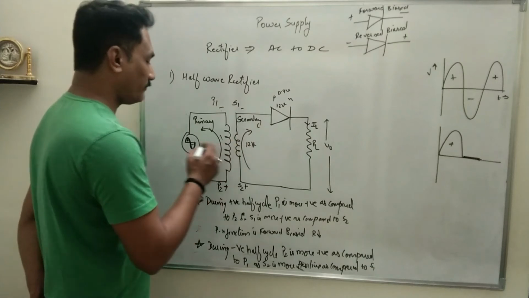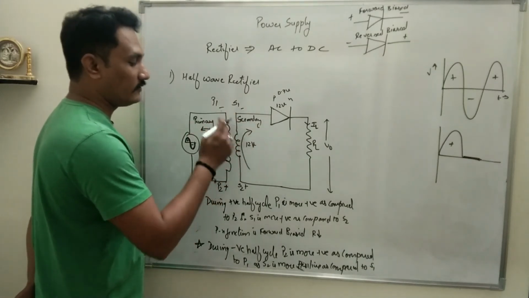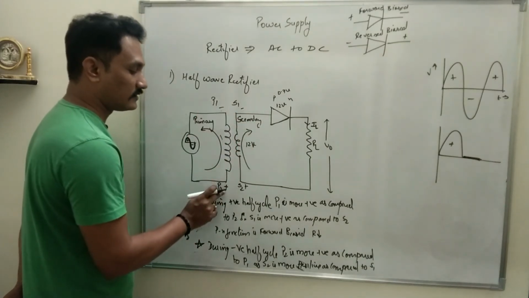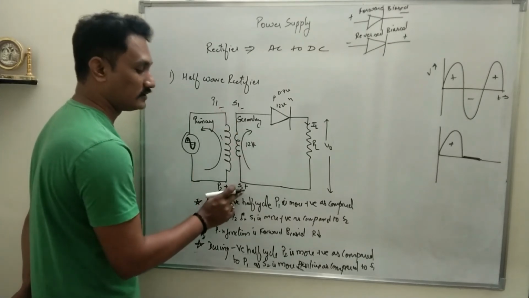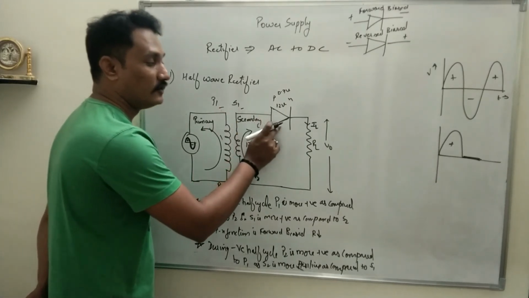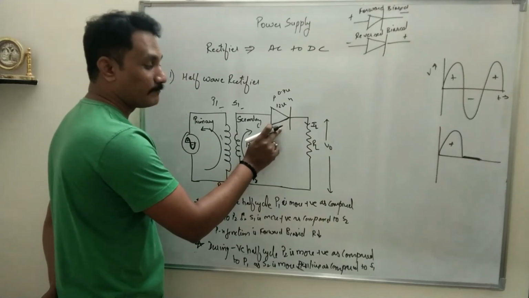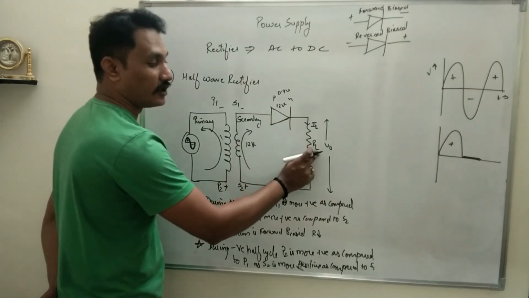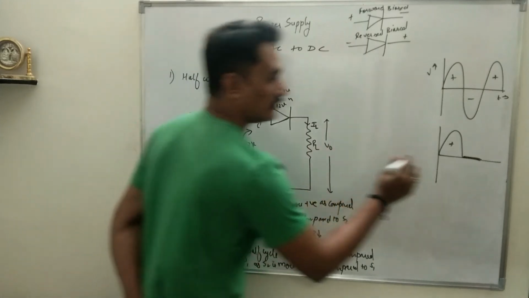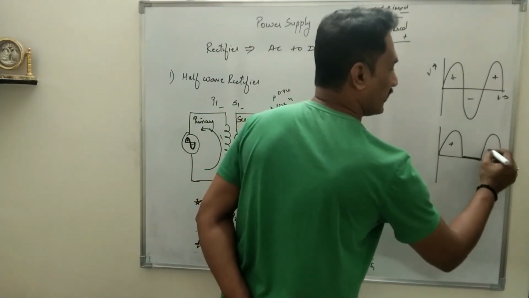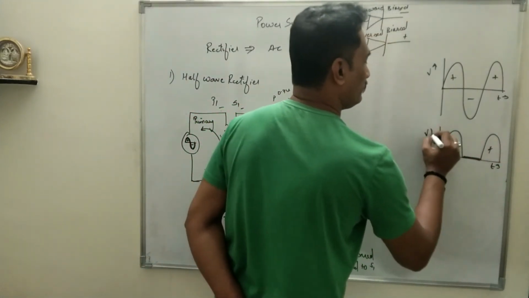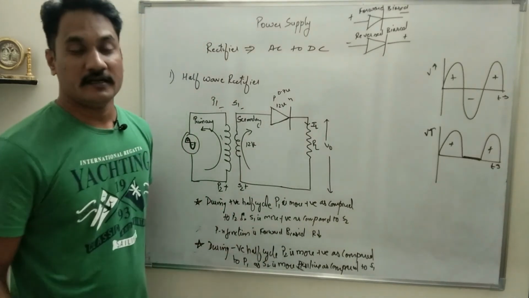Again, when there is a positive half cycle, P1 will be more positive as compared to P2, S1 will be more positive as compared to S2, the diode will be forward biased, the resistance offered by the diode will be less, therefore the secondary voltage will be dropped across the load resistance. So again, the positive half cycle will appear at the output.